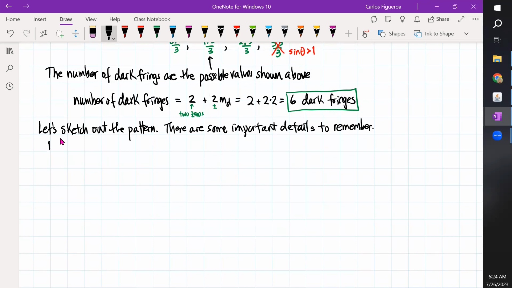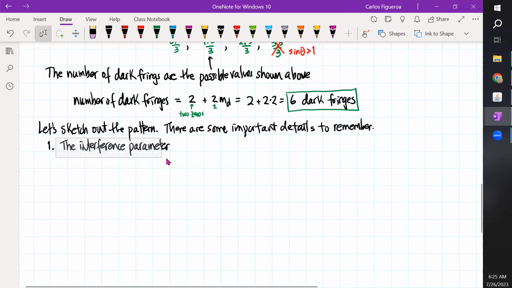The first thing that you want to look at is the interference parameter. Let me move this over a little bit.